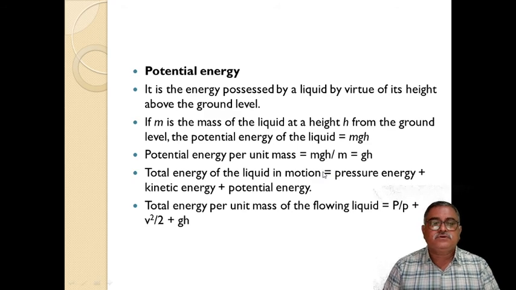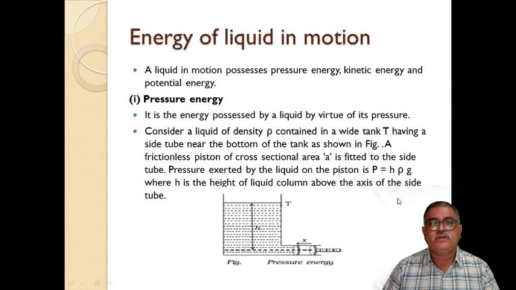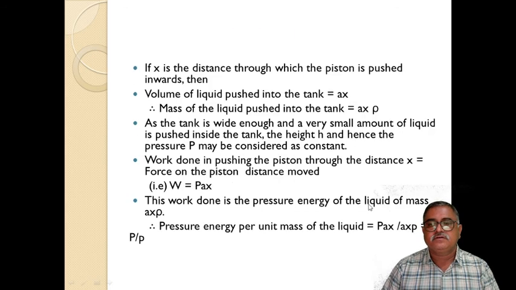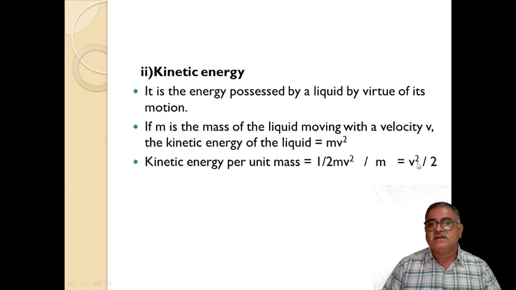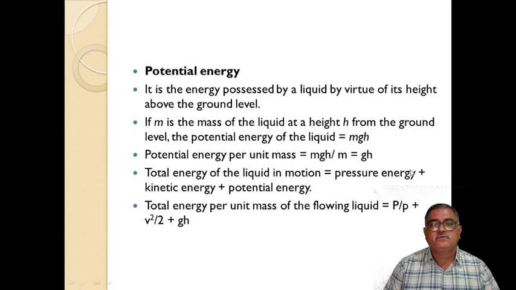Therefore, the total energy per unit mass of the flowing liquid is P by rho, which is the pressure energy, plus v square by 2, the kinetic energy, plus g h, the potential energy.